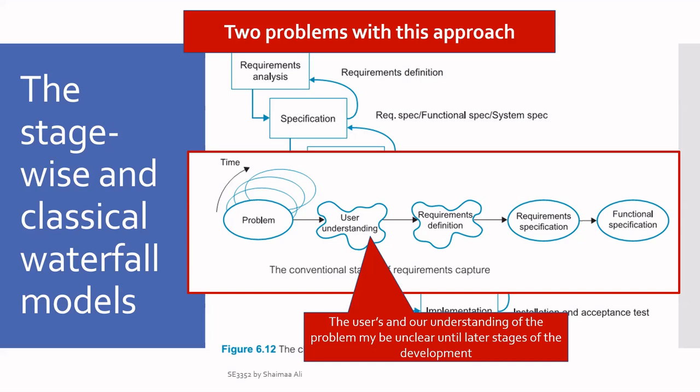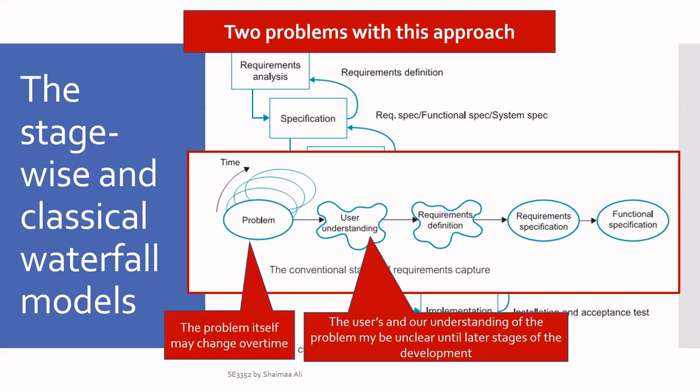Now let's say we figured out a way that we have an accurate description of the problem and we fully understand it. Now what happens is that over time, the problem itself changes. It's not like you're building a bridge and you have to deal with the laws of physics.